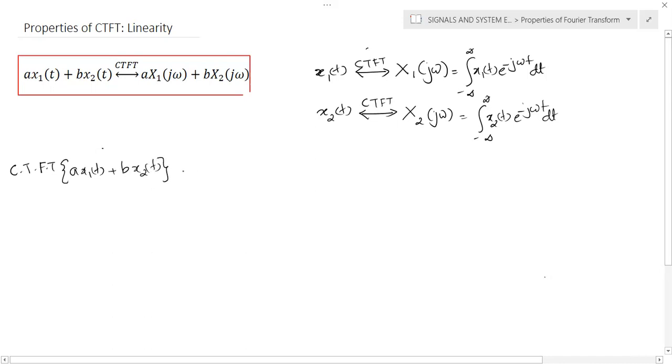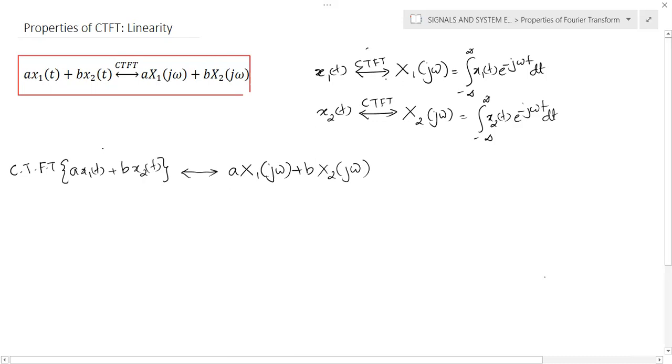In order to find the Fourier transform, I don't want to calculate and use the equations. I can directly write the final result: a X1 of j omega plus b into X2 of j omega. Instead of using this Fourier transform equation, I can directly use this particular result.